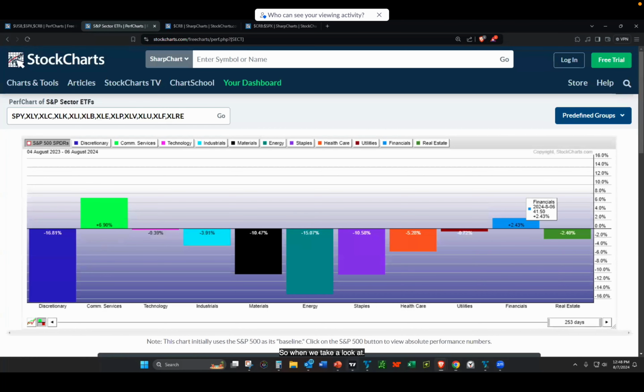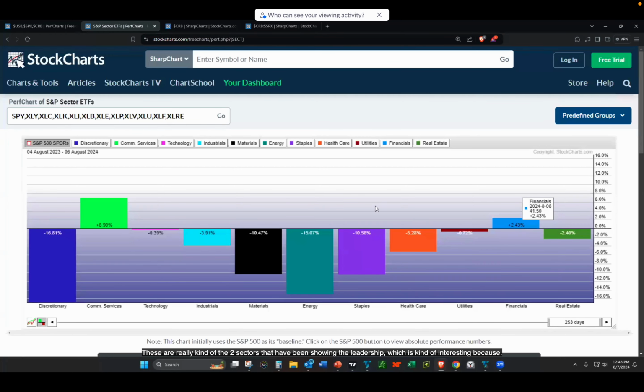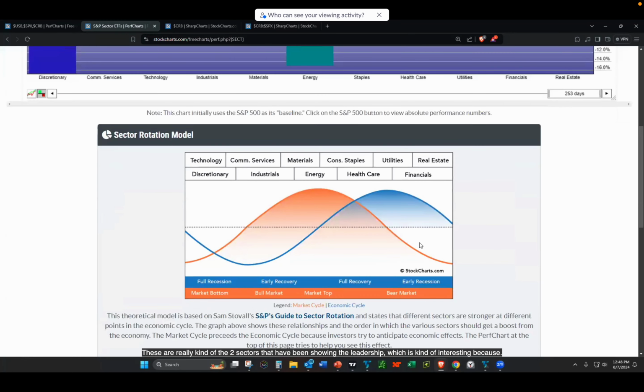So when we take a look at this screenshot here, that communication services bubble, 12 months, financials, 12 months, that's basically where those two bubbles are coming in from, just showing us that over the past 12 months, these are the two sectors that have been showing the leadership.